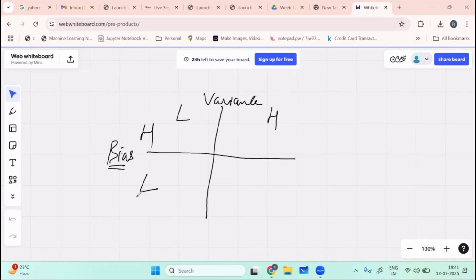When bias is low and variance is high, what is that scenario? When bias is low, variance is going to be high. Overfit. That is overfitting, right? So overfitting is what? Bias is low and variance is high.